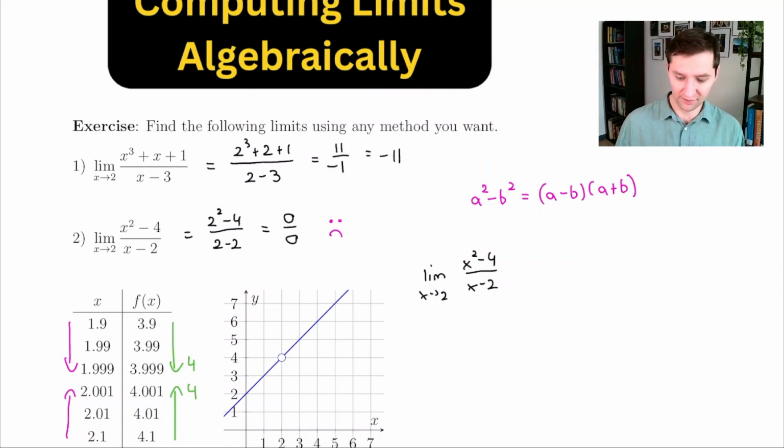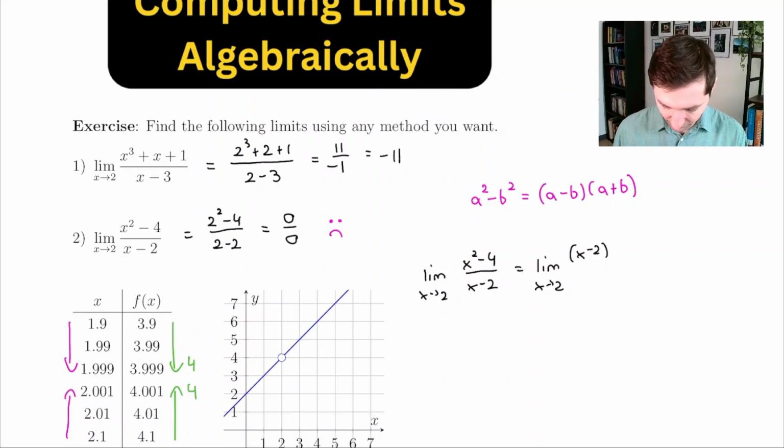I want to use this formula because I see that in the numerator I have x squared minus 4, which is the same thing as a squared minus b squared, where b equals 2. That means I can rewrite the numerator as x minus 2, x plus 2, divided by x minus 2.